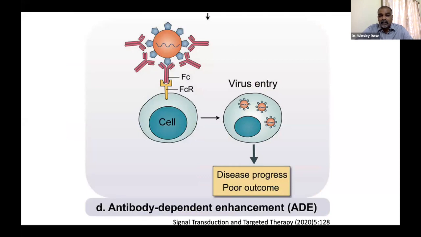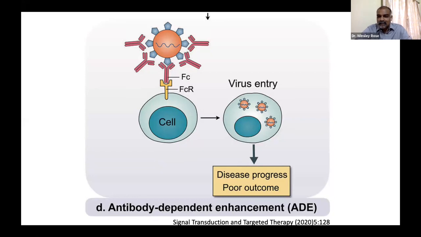And finally, the concept of antibody-dependent enhancement. We all understand antibody-dependent enhancement in dengue, where you have the first infection with a particular dengue virus, and if you have a heterologous viral infection subsequently, there is only partial immunity, and this partial immunity actually enhances the entry of the dengue virus into the host cell, and it increases the pathogenicity of the virus.